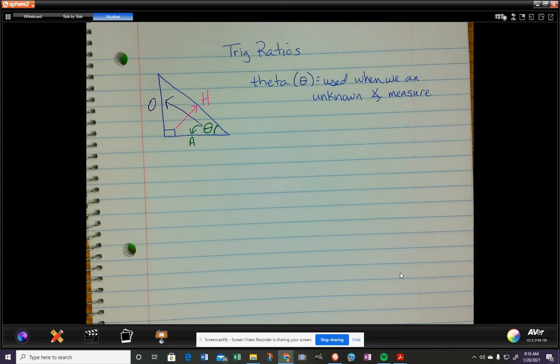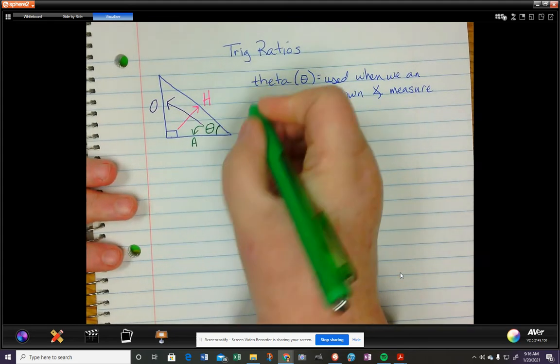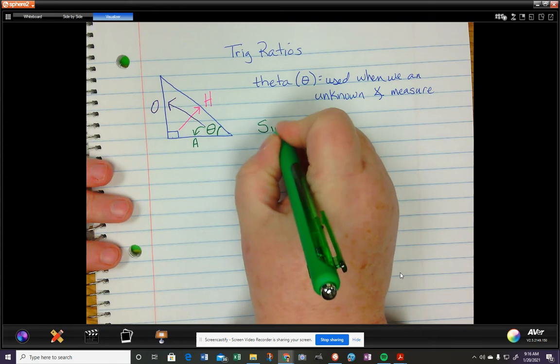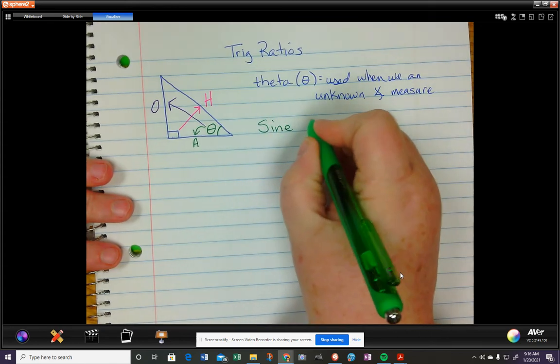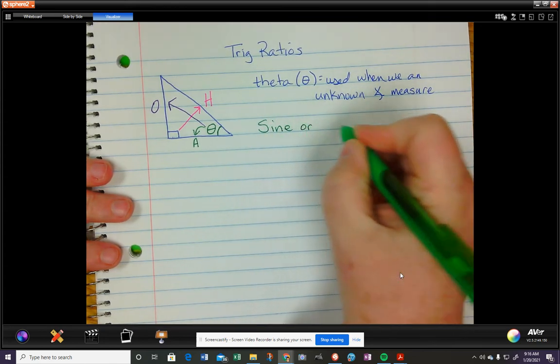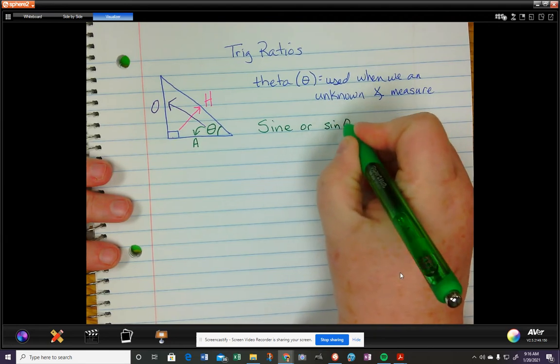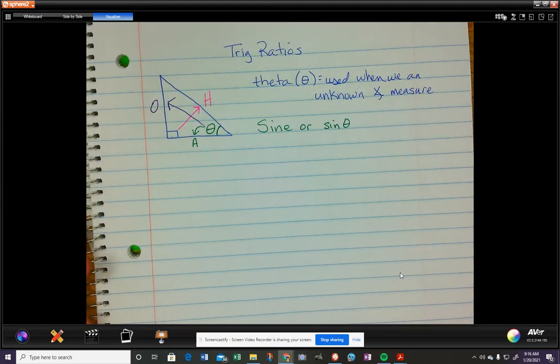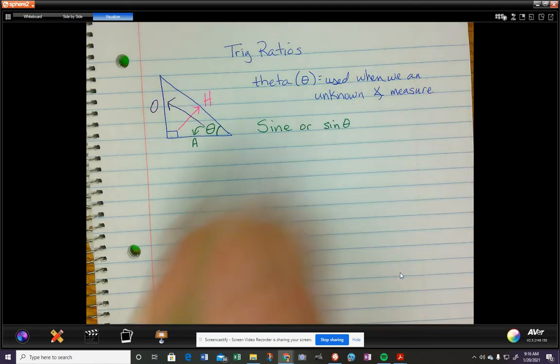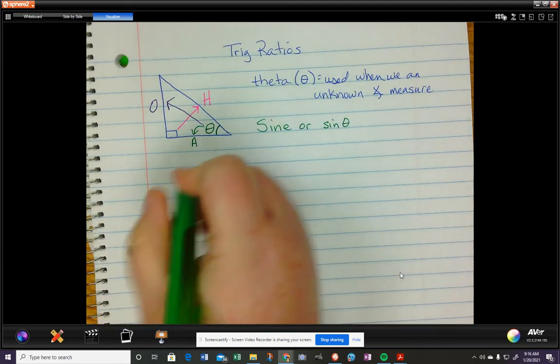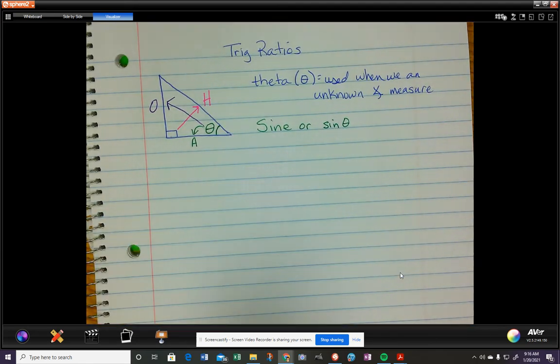So the first one we're going to talk about today is sine, S-I-N-E, or when we use it in the calculator, it's going to be S-I-N theta, or some number. So in this case, we're going to look at what it means.